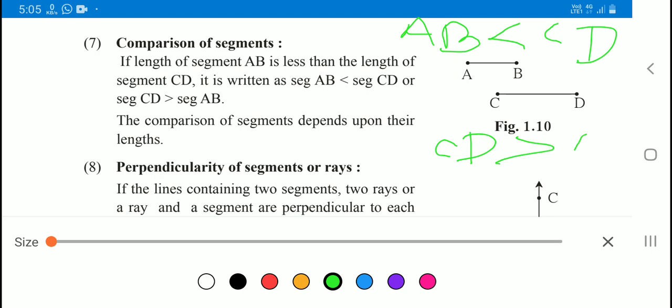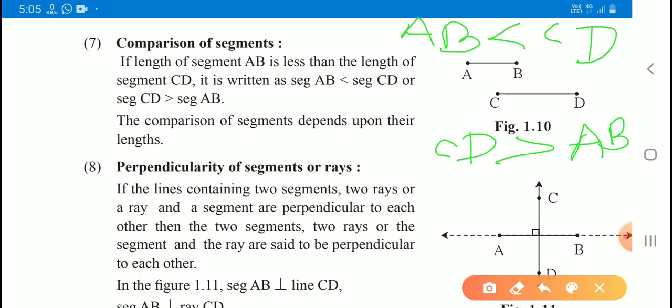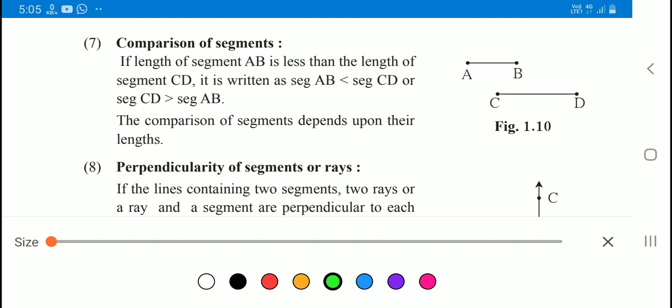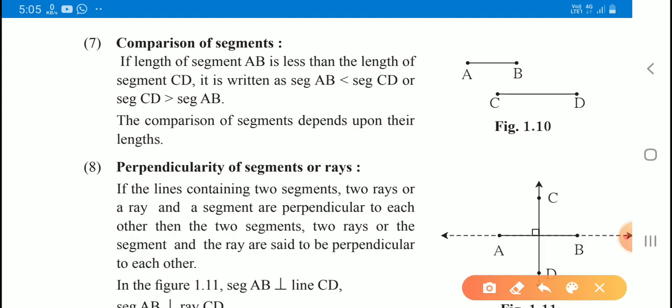Now just see, if the length of segment AB is less than the length of segment CD, it is written as segment AB less than segment CD, where this sign shows less than, or you can say that segment CD is greater than segment AB.